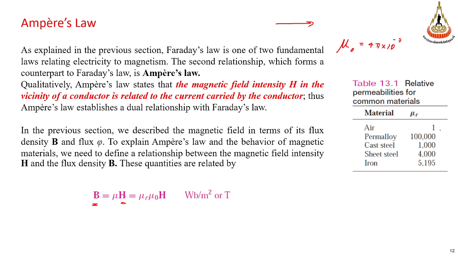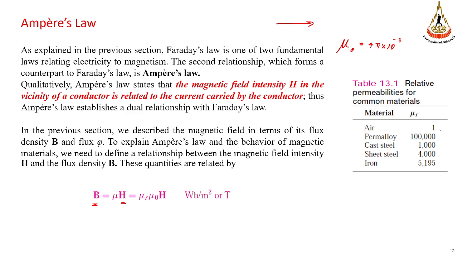If the magnetic field is conducted by a toroid, the permeability will be very high. It means the field tends to pass through it; it's easier to pass through this type of material.